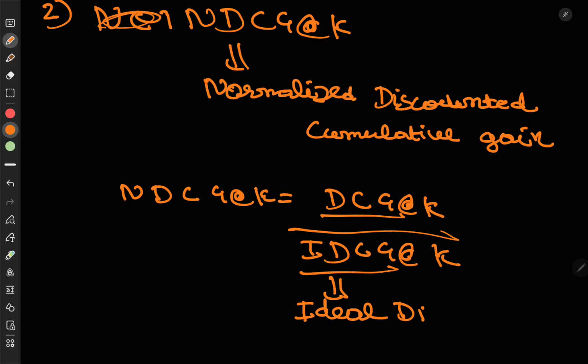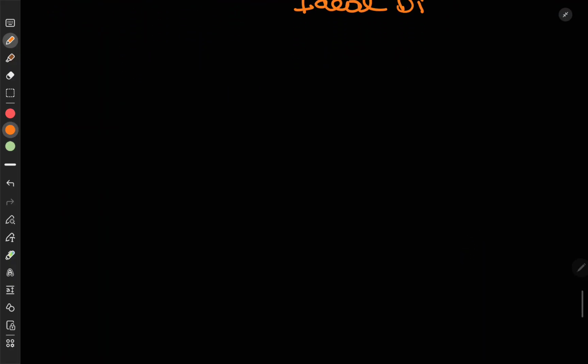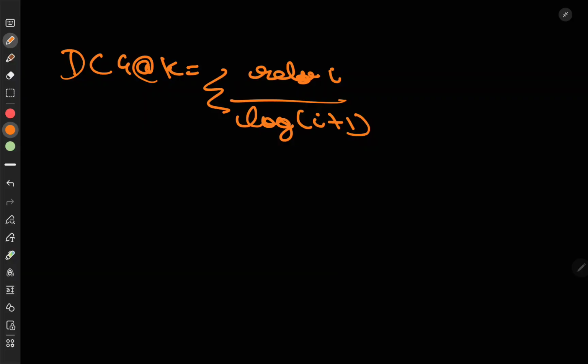So what does this mean? Now the formula for DCG at the rate k, if we want to calculate that, is the summation of relevance of i by log of i plus 1, for all the posts.